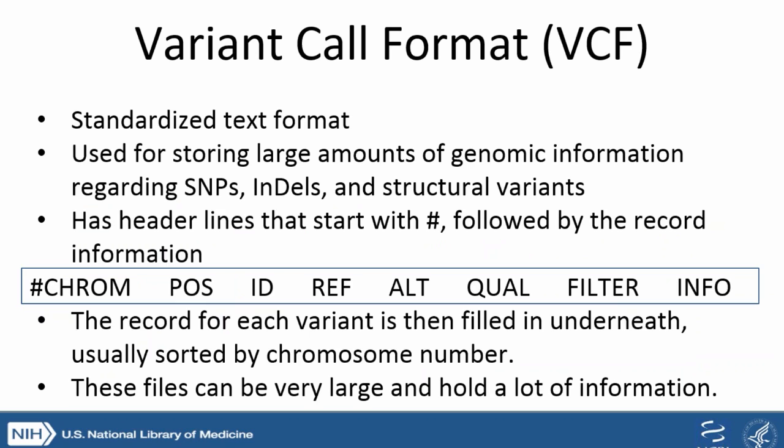So for some of you that might not know what a VCF file is, it's a standardized text format, and it's used for storing large amounts of genomic information, including SNPs, indels, structural variants. So it has header lines that start at the beginning that have information about what is maintained in the file, followed by the column headers, and then the record for each variant follows underneath that.